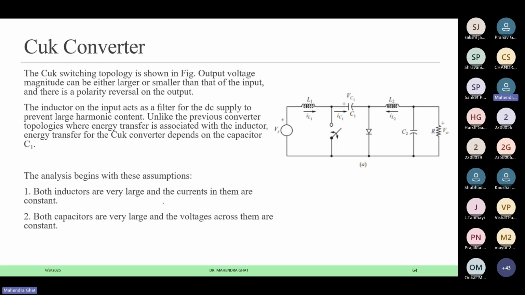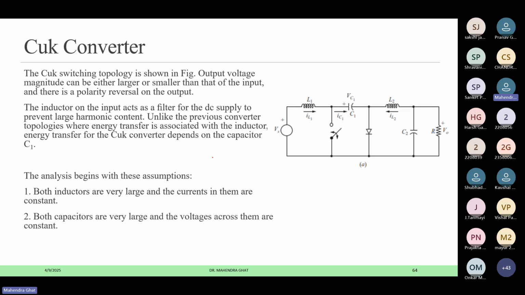So again, this Chuk converter is also a non-isolated converter. The beauty of this is that if you consider the previous buck converter or the boost converter, what is happening?